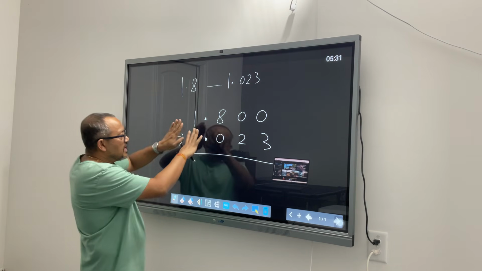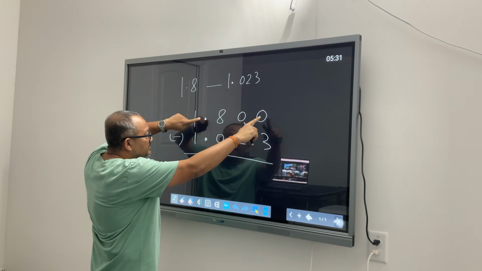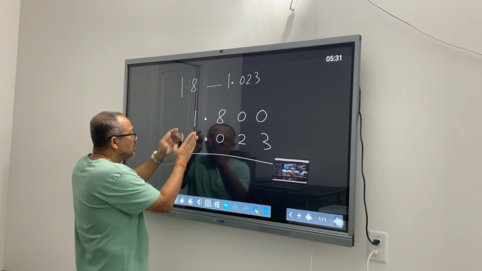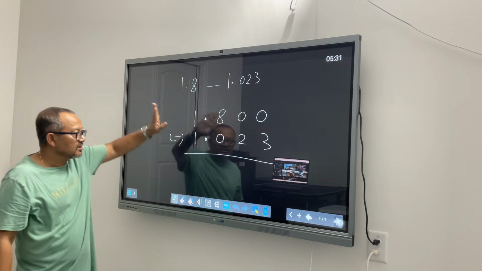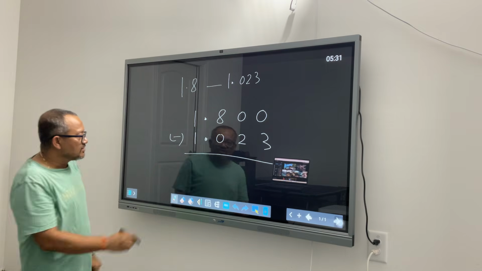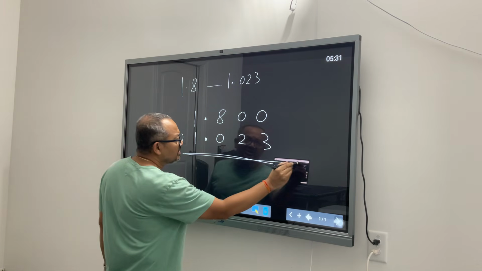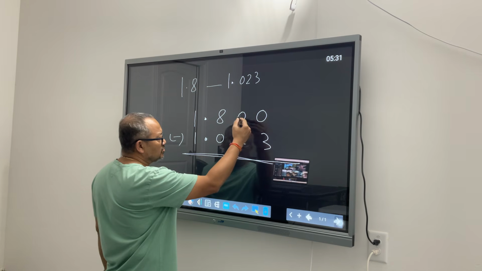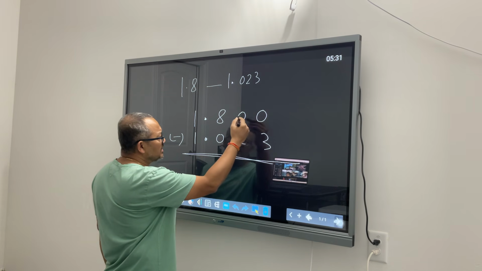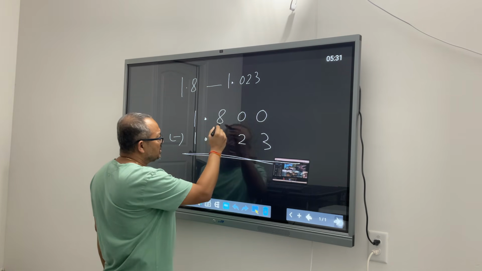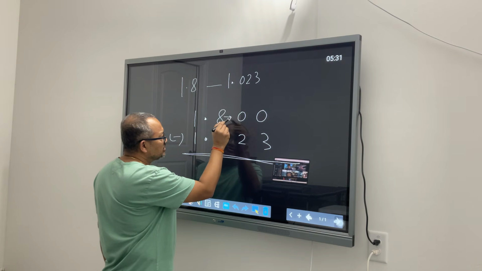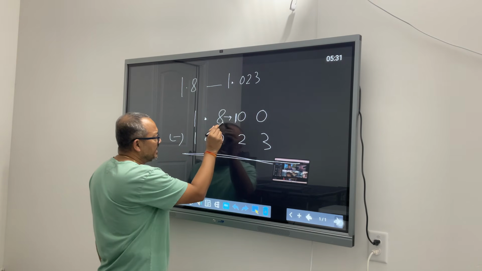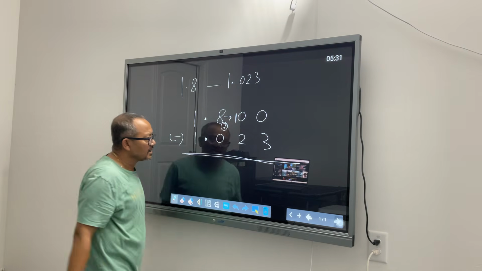Now look at this. Here also I have 3 digits after decimal. Here also I have 3 digits after decimal. 1 digit before decimal, 1 digit before decimal. So I will do the calculation as regular subtraction. 0 minus 3, I cannot subtract. This has to borrow. This one also doesn't have anything, so this has to borrow 1 from here. 8 gives 1 to this one and it became 10, and 8 itself became 7.